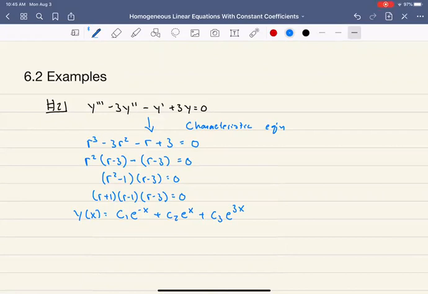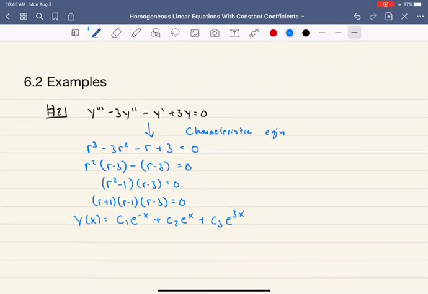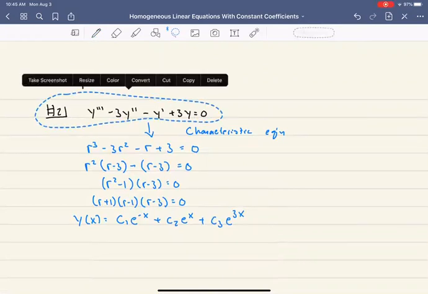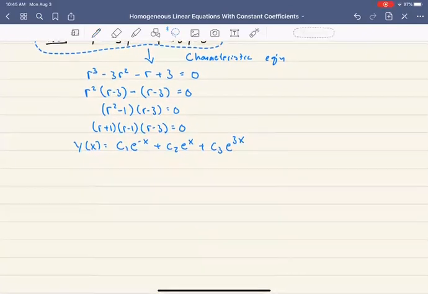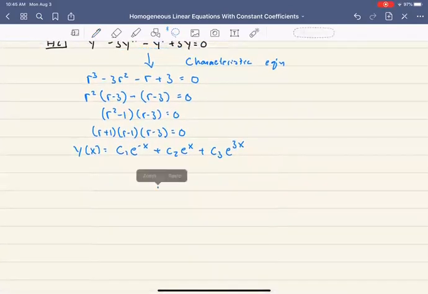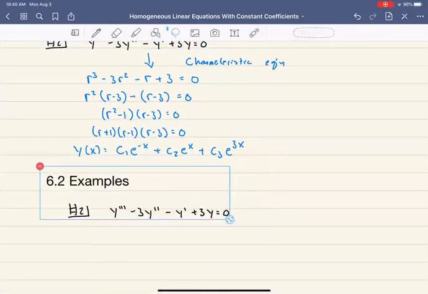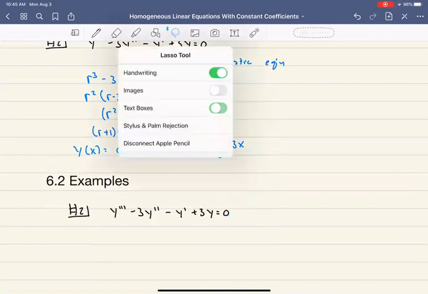Now I liked that problem so much that I wanted to do it almost again, but just with a little change.